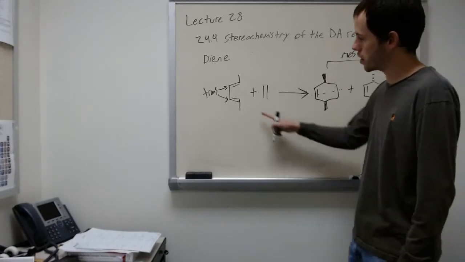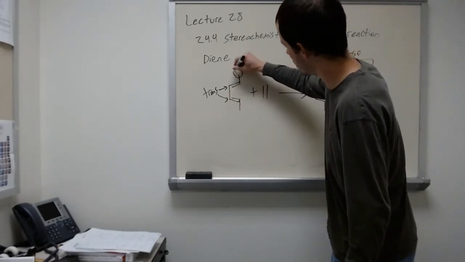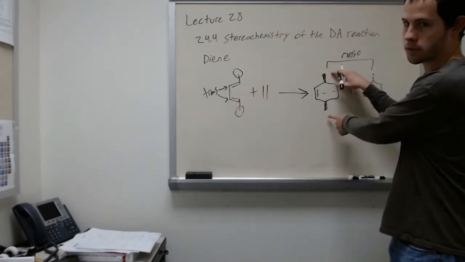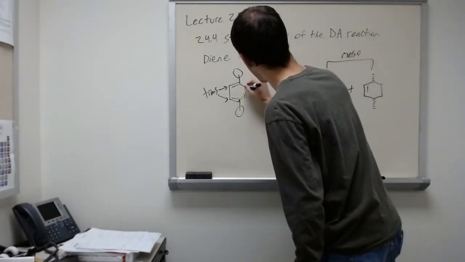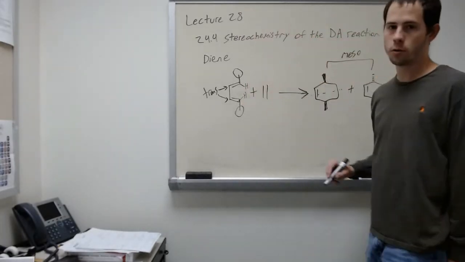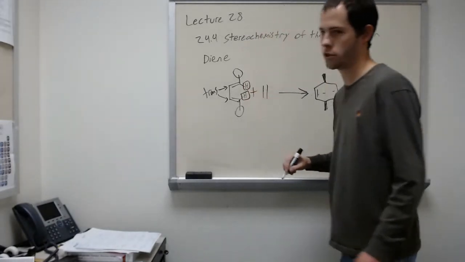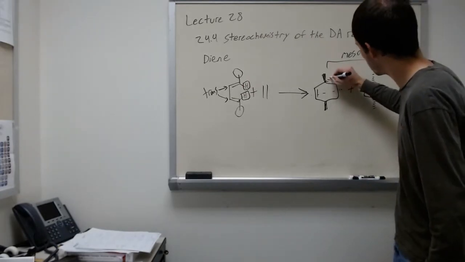So think about this, that if you're looking at your diene, if this thing is pointing up and this thing's pointing down, then they're going to be on the same side of the ring. And then whatever's pointing in towards the inner part of the diene, which is two hydrogens in this case, are also on the same side.